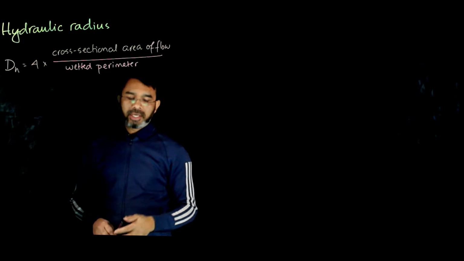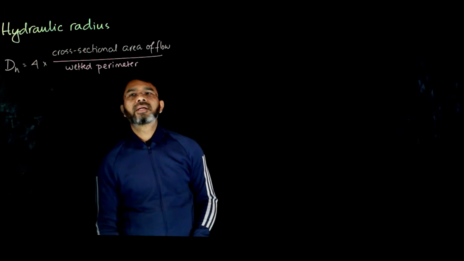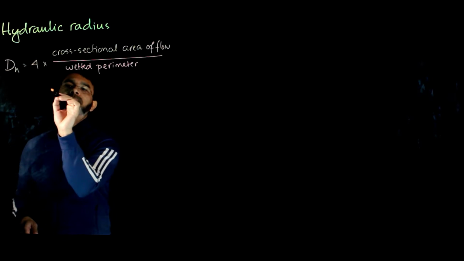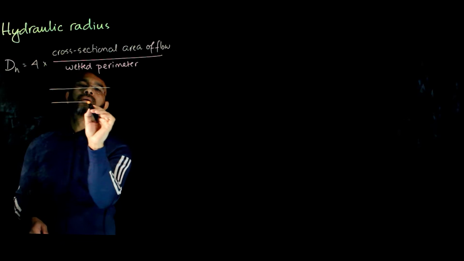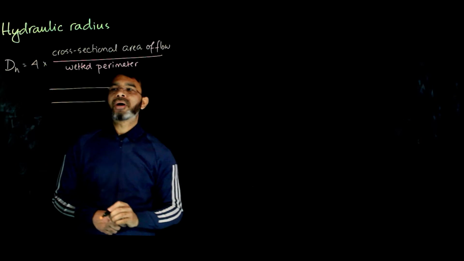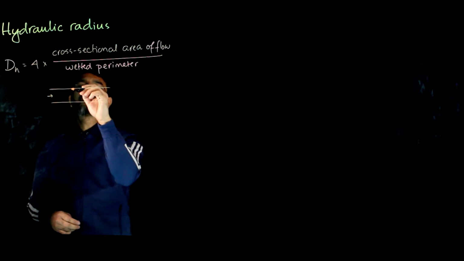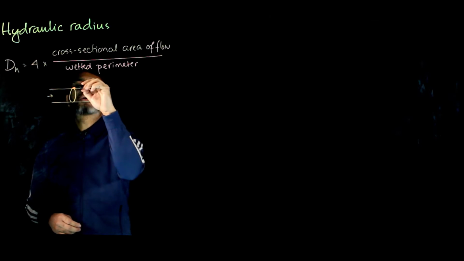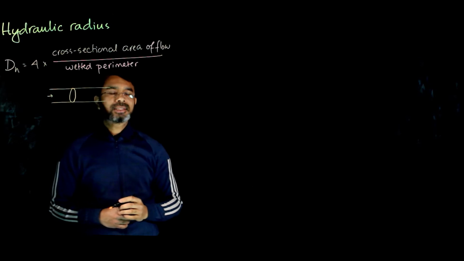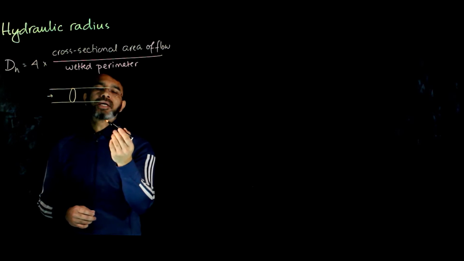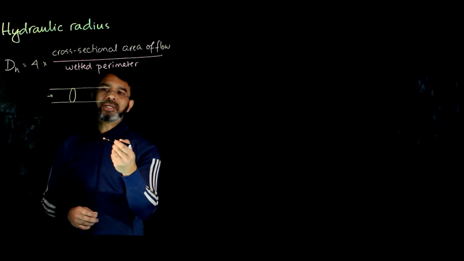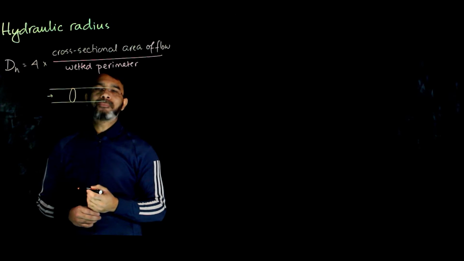Now just before considering a fluidized bed, let's look at a simple pipe flow problem. When liquid is flowing through a pipe, the cross-sectional area for flow is simply the cross-sectional area over here, and the weighted perimeter is the inside perimeter of the pipe itself.